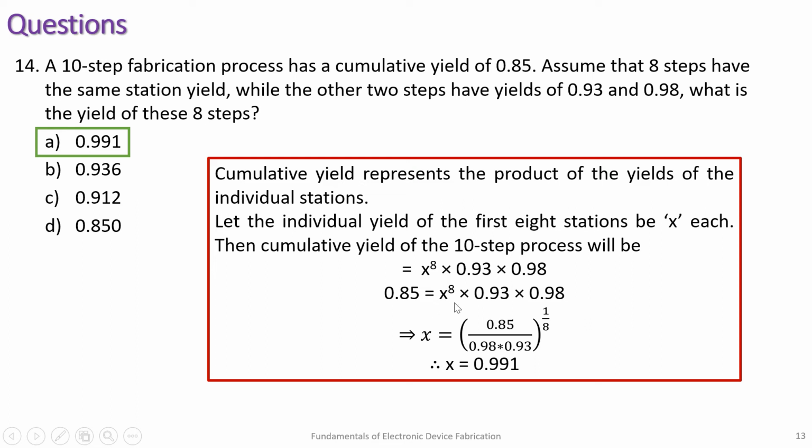Here we are writing x power 8 because it will be like x1 into x2 into x3 into x4 into etc. up to x10. x9 and x10 are given here, and x1 till x8 is the same. Therefore, we will be taking it as x power 8. Is that clear for all of you? And finally, we'll get the value as 0.991.